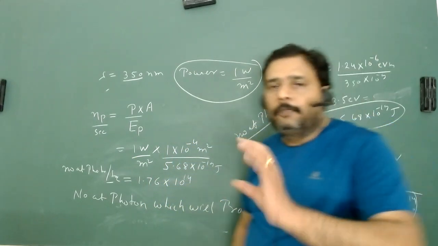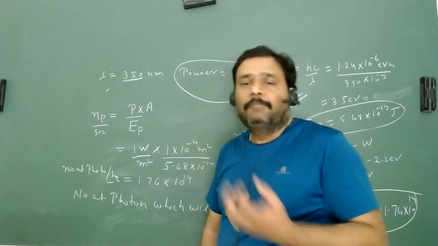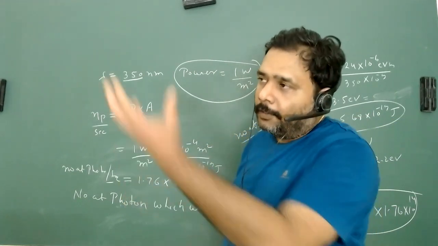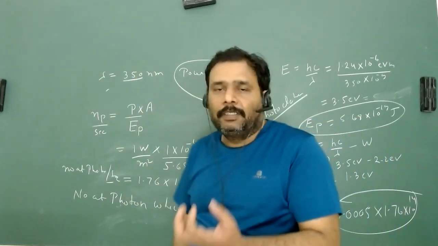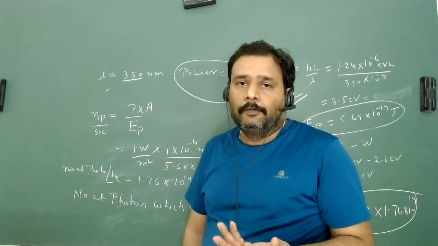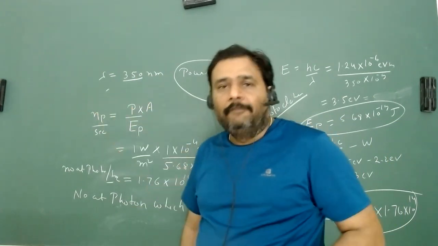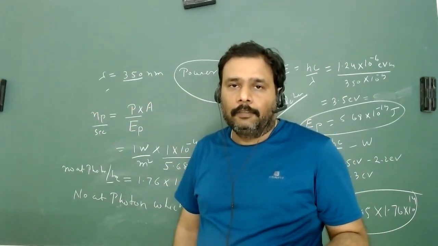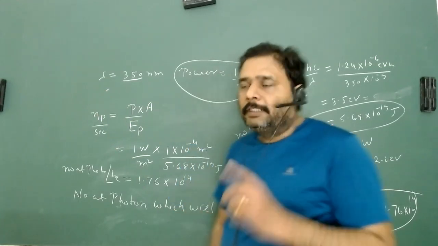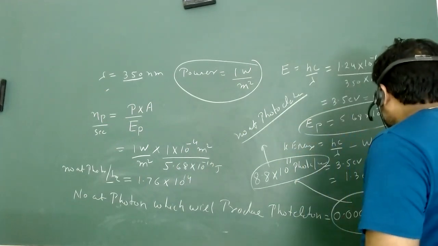Not every photon is able to produce a photoelectron, because it is a matter of chance which electron absorbs the photon and which does not. There may be a sea of electrons, but it is not necessary that every electron will produce a photoelectron. So in this problem, it is given that only 0.5% is producing photoelectrons.